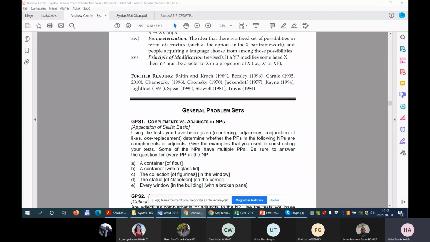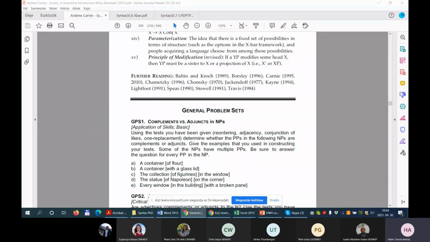What is easier to test is whether you can do these syntactic tricks, whether you can do one replacement, whether you can do reordering, etc. In linguistics, it's easier to talk about syntax because most of the time a word order is either acceptable or not. Semantics is not so clear-cut most of the time. So here as well, I think it helps to do the tests.